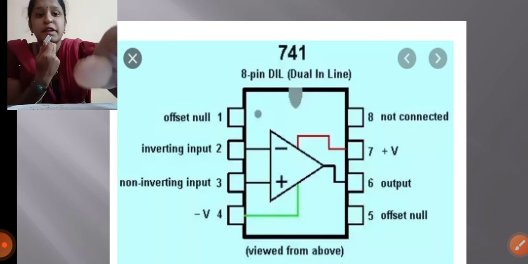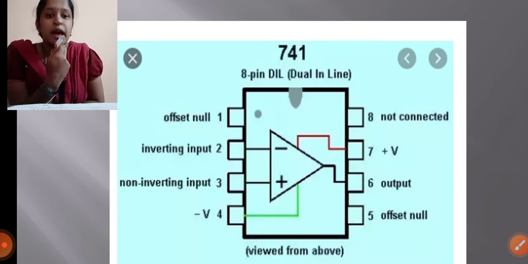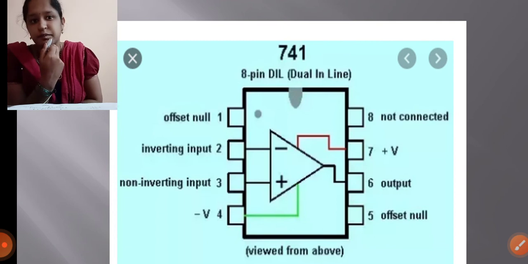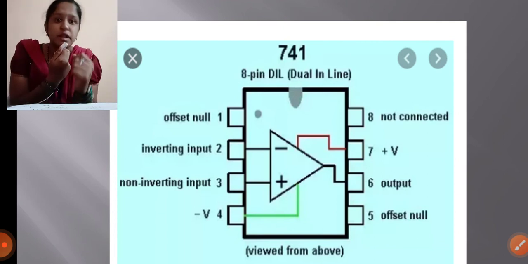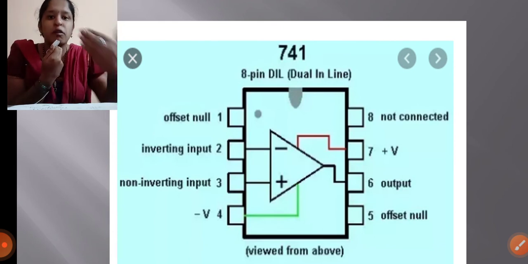The difference between the inverting and the non-inverting terminal gives the output. In the output, a lot of distortion occurs. These pins 1 and 5 try to avoid that.